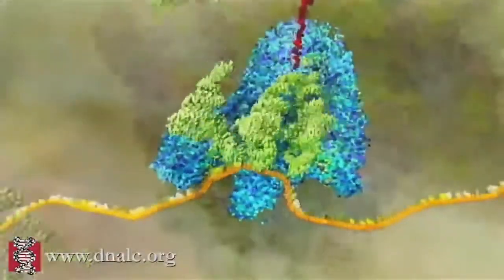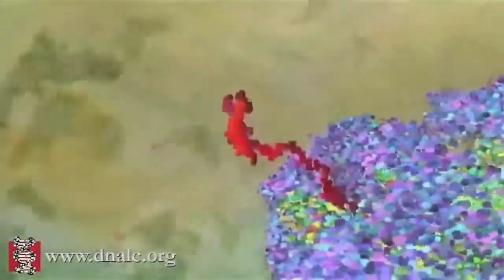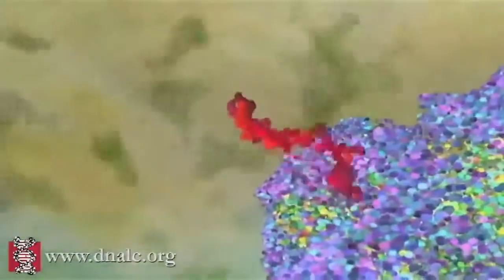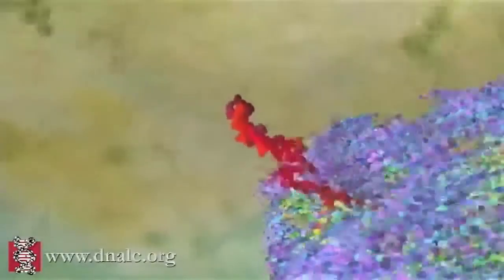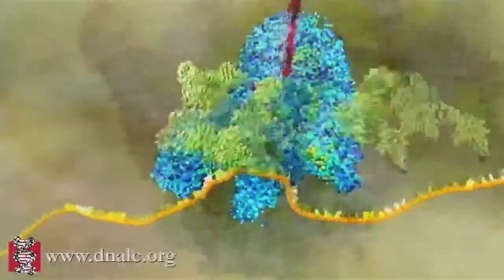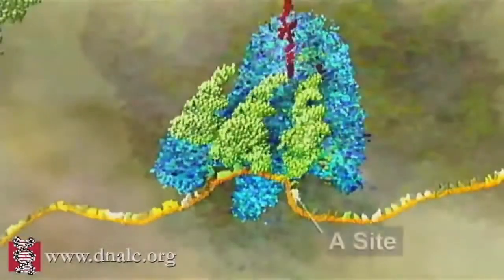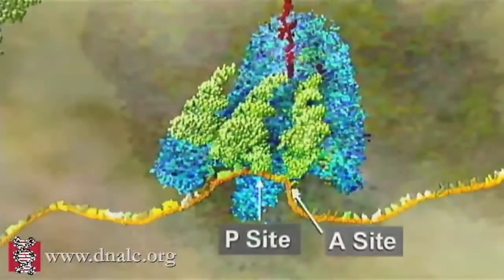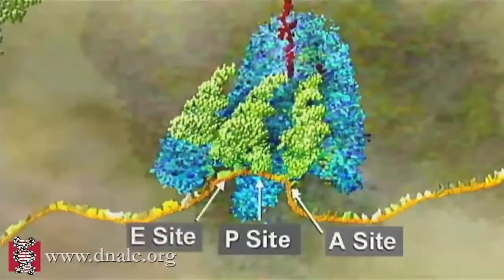As the mRNA is ratcheted through the ribosome, the mRNA sequence is translated into an amino acid sequence. There are 3 locations inside the ribosome, designated the A site, the P site, and the E site.